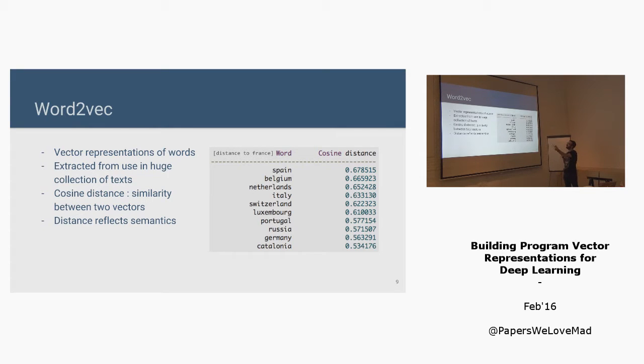They are using here the cosine distance, and it shows the similarity. In this one, they measured the distance to the vector for France, and these are the nearest words. If you made this list much longer with words that were farther, you would get words that are semantically much more distant.